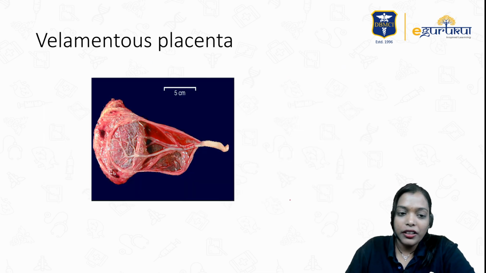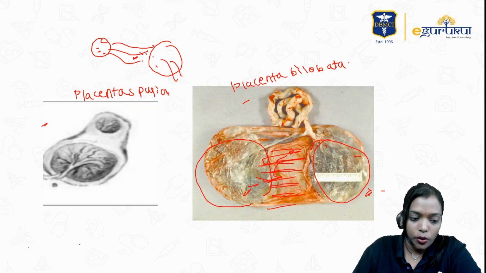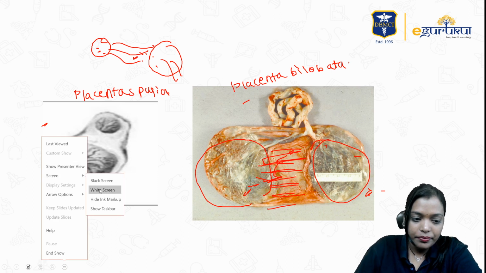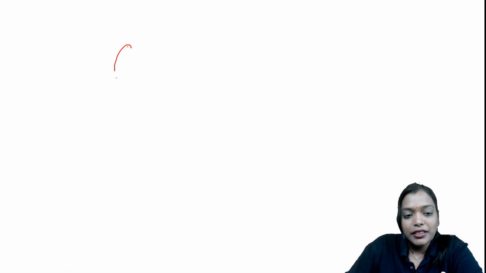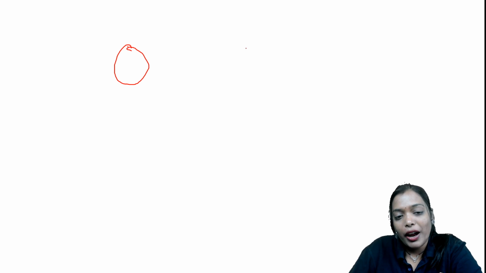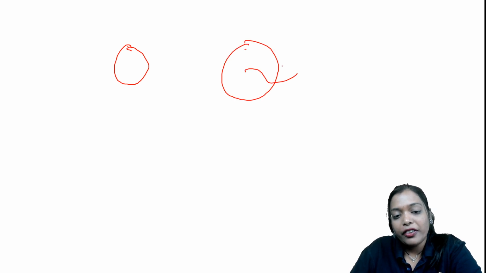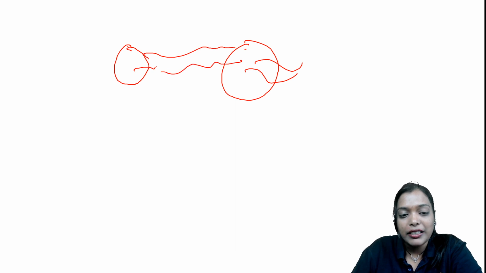So what are the three varieties of placenta which I spoke of just now? I repeat them once again. In succenturiate lobe, one lobe is separate from the entire placenta and they are interconnected by membranes and vessels.